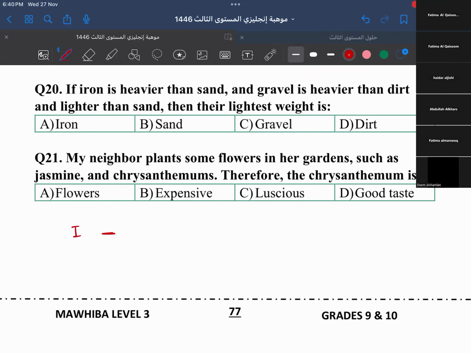Gravel would be the lightest because gravel is lighter than sand, and sand isn't heavier than anything, so it's going to be gravel. But gravel is heavier than dirt, so it's heavier than something. So it cannot be gravel. Oh, yeah, sorry.